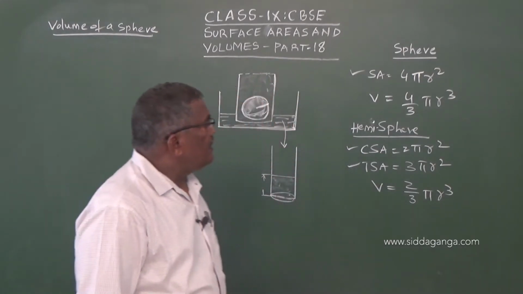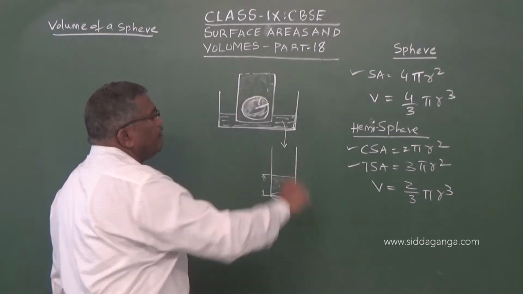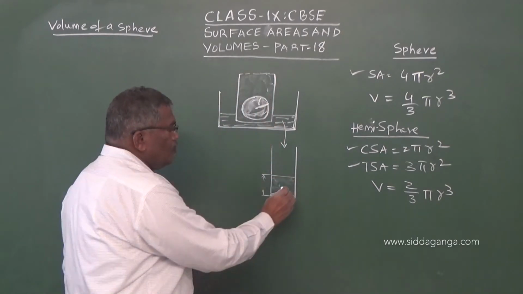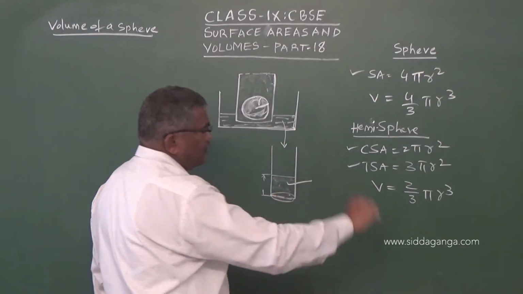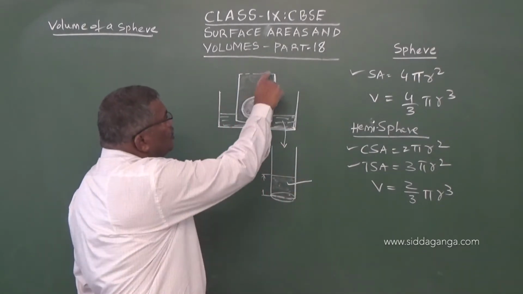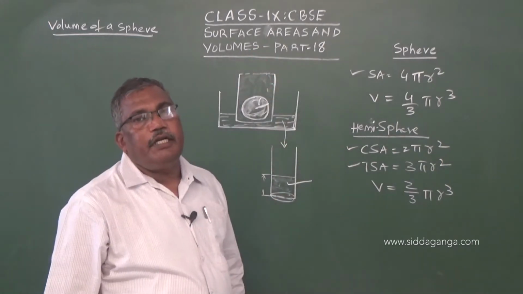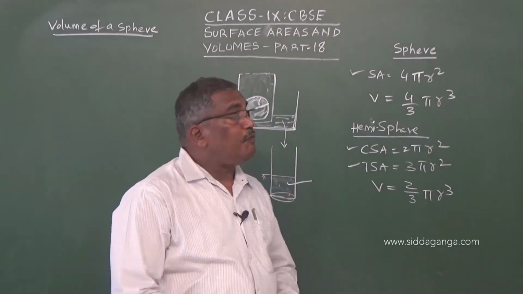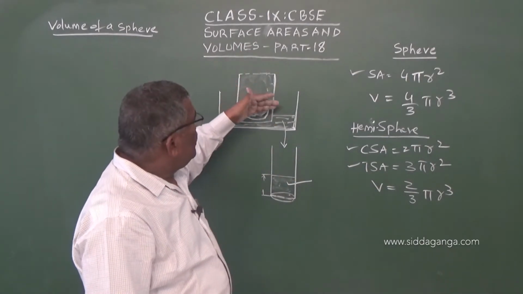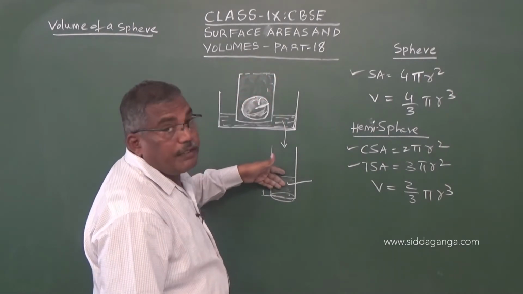Now, why do we do this exercise? You will find that if this radius is r, the volume of water you get in this measuring jar, that is the water which is spilled out after you put the solid sphere inside this container, the amount of water which is spilled here is transferred.